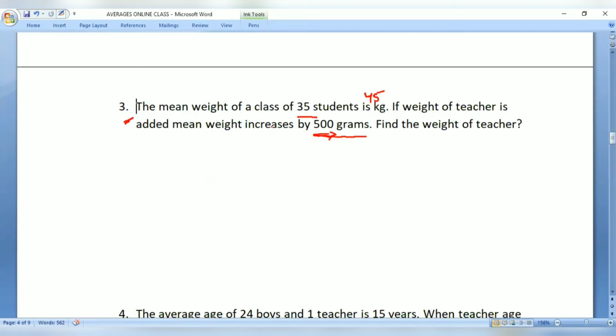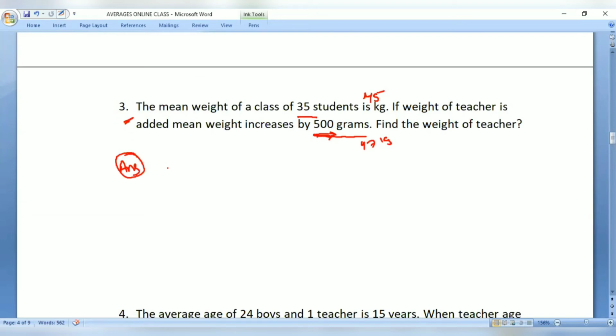That means the average weight of a class of 35 students is 45, and if the weight of a teacher is added, the average increases to 47 kg. Like that, they'll give you. But when the grams are given, there is a simple way to answer this question. This is the first model. We will discuss the second model as well.